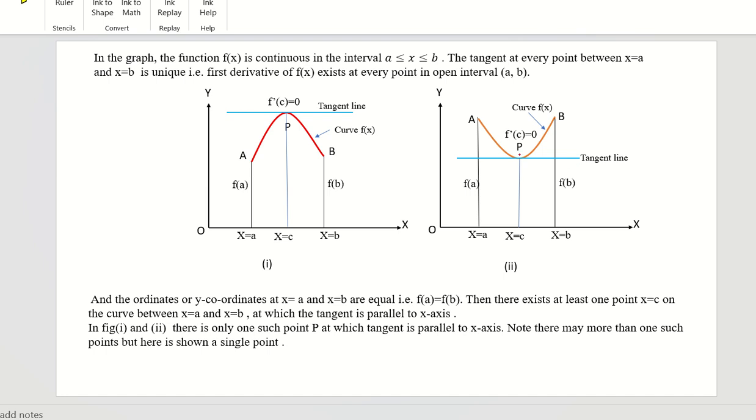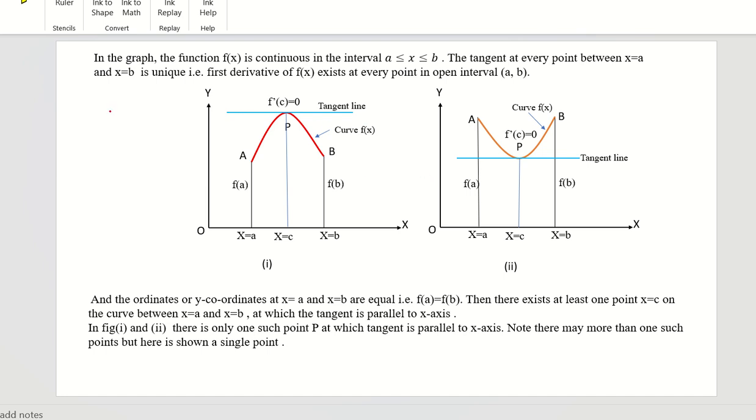That means its derivative is 0. So there exists at least one point at which the tangent drawn is parallel to the x-axis.